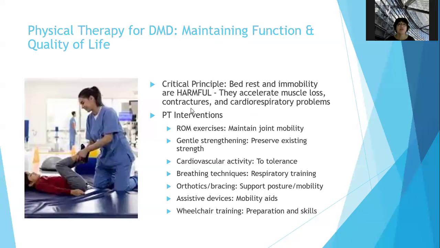So for physical therapy for Duchenne muscular dystrophy, we really want to maintain function and quality of life. Bed rest and immobility are harmful. They accelerate muscle loss and contractures and cardiorespiratory problems.